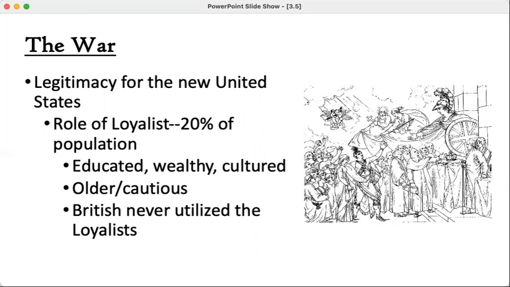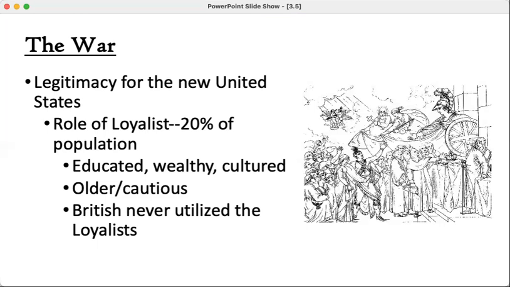Well, 20% of the population was considered a loyalist, right? They were pro-English Tories. They tended to be educated, upper class, wealthy, cultured, cautious. The exception to this would be Virginia, where the money favored revolution. We're talking the Anglicans and Quakers in Pennsylvania and New York.